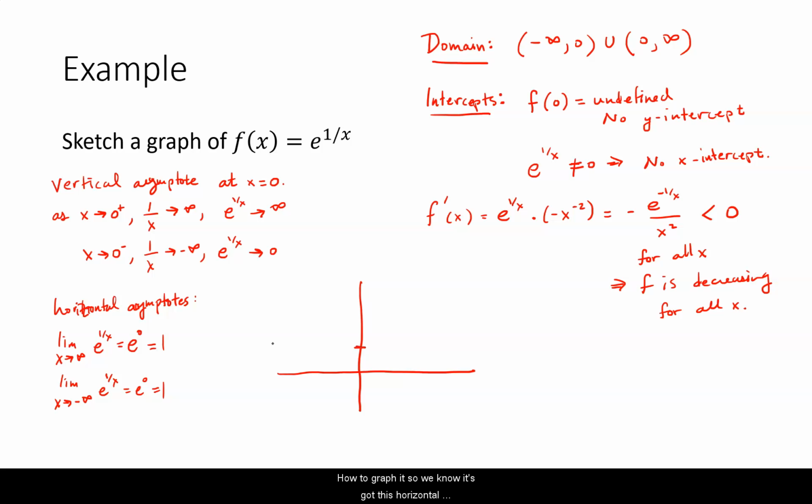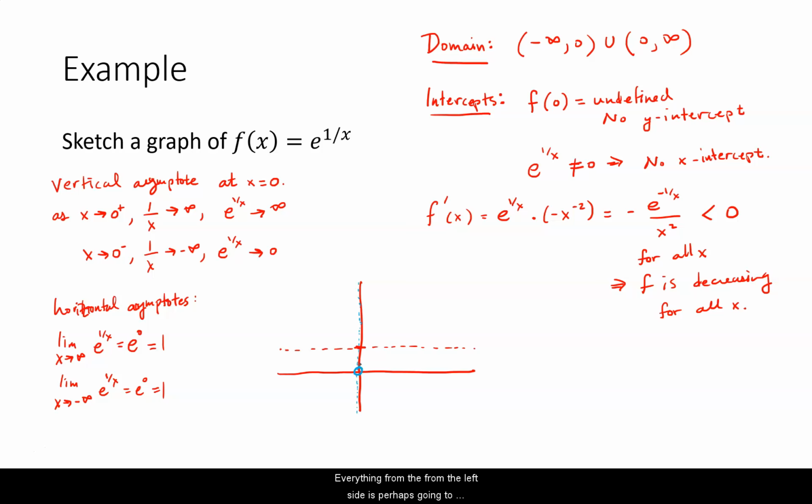So we know it's got this horizontal asymptote at y equals 1. It's got a vertical asymptote at 0, because as it approaches from the right, it's going to blow up. And then as it approaches 0 from the left side, it'll approach 0.